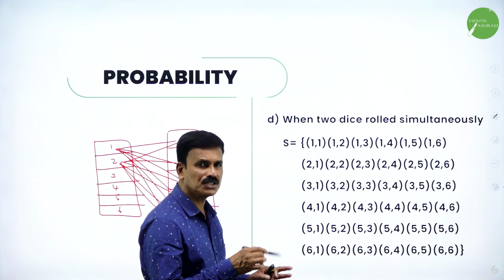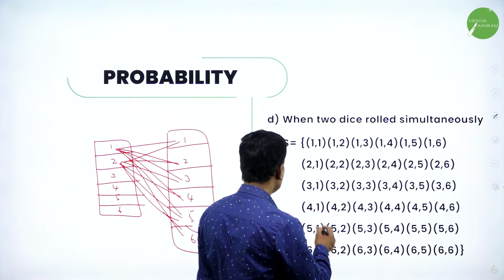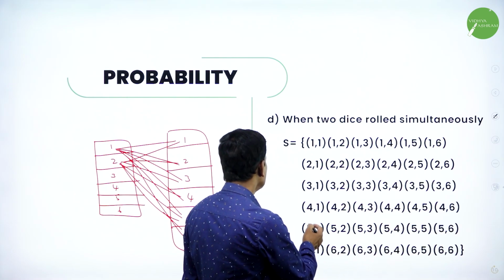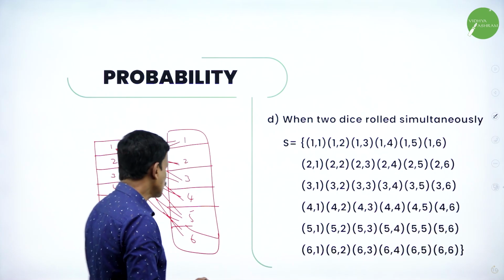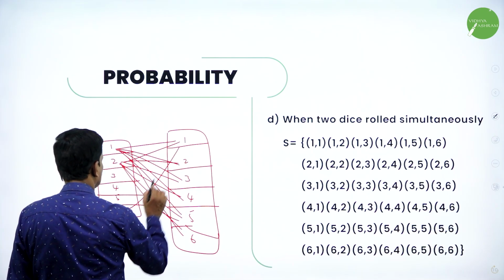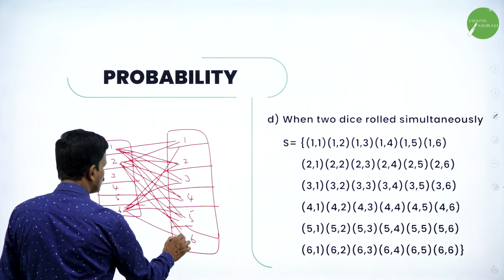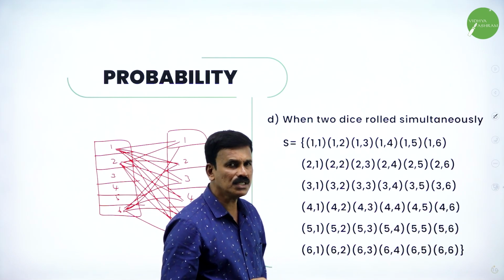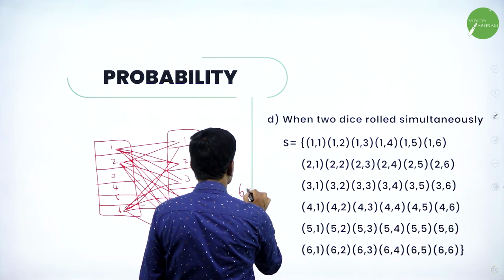Similarly 3: 3,1 to 3,6. Then 4: 4,1 to 4,6. 5: 5,1 to 5,6. And the last one is 6: 6,1; 6,2; 6,3; 6,4; 6,5; 6,6. So these are the sample space. How many are there? 6 into 6.